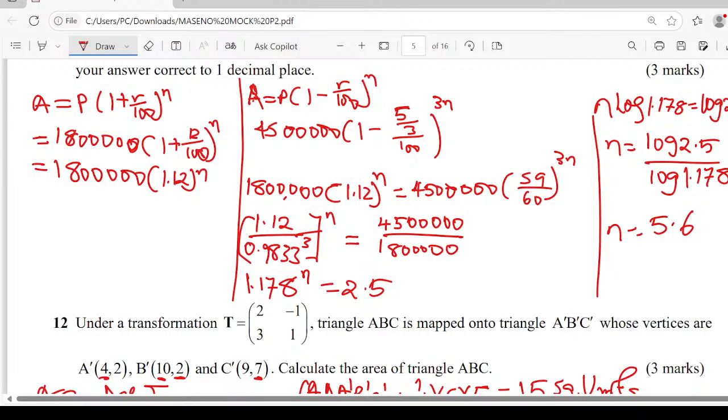Then you take log 2.5 divided by log of my answer. All right, that is it.